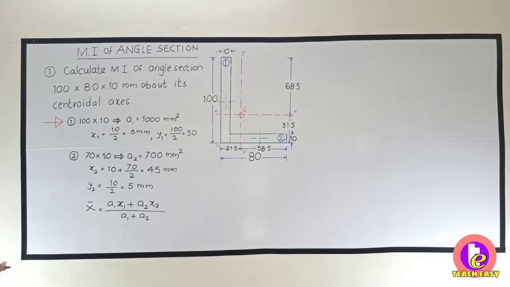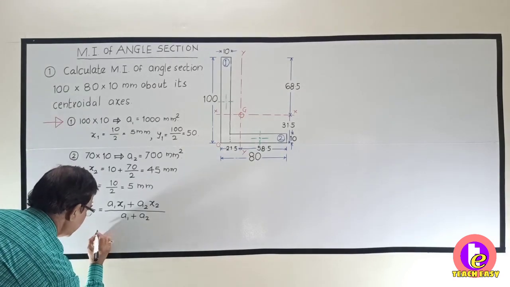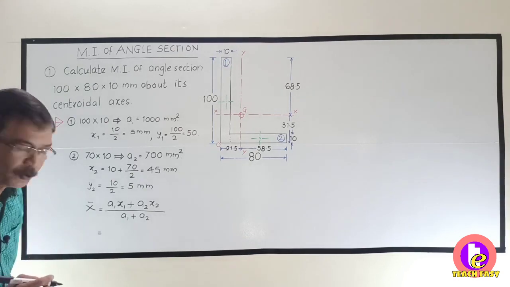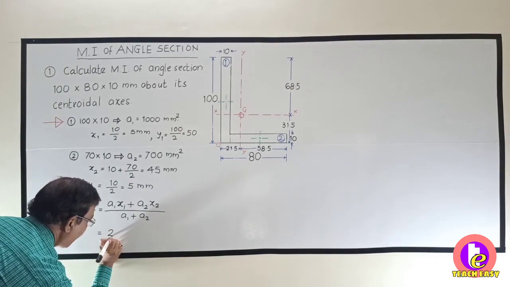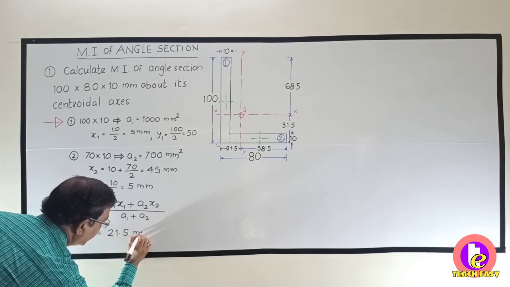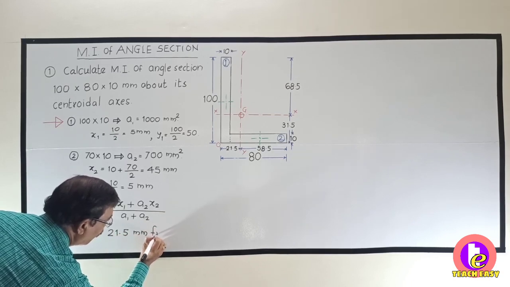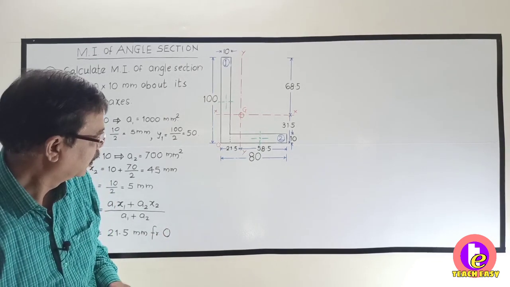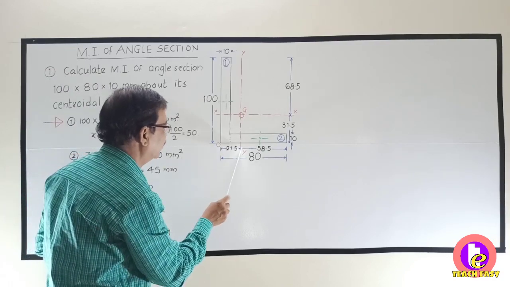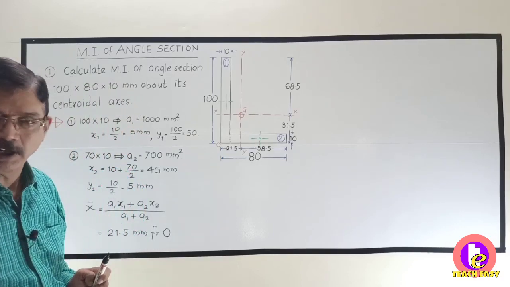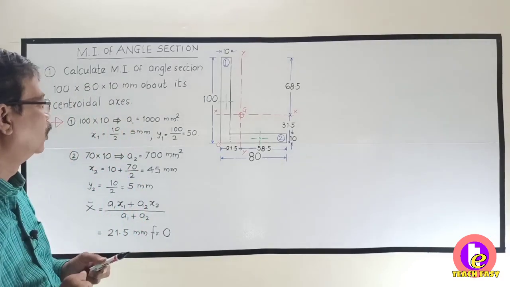If you substitute all these values, you will find the value of x bar as 21.5 mm from O. So this is that distance. This is x bar, 21.5 mm from O.